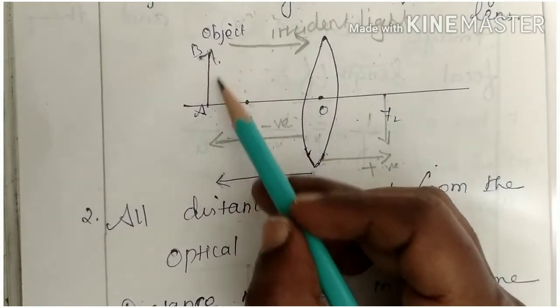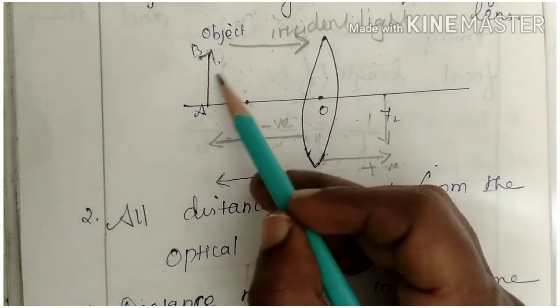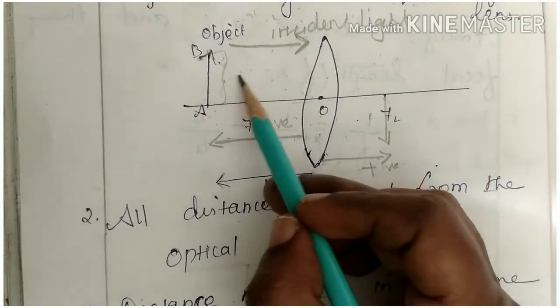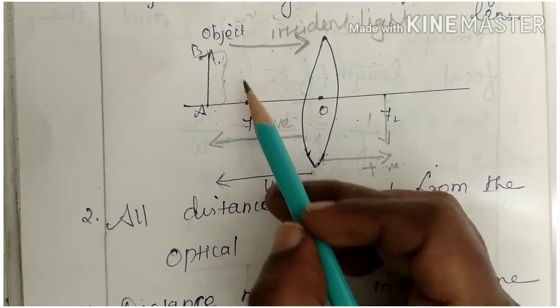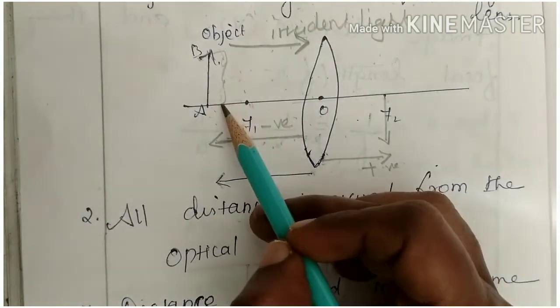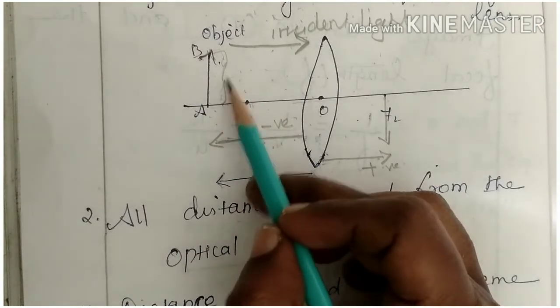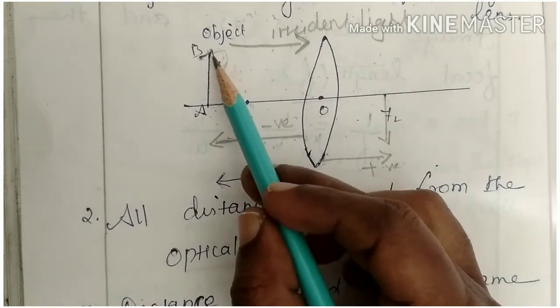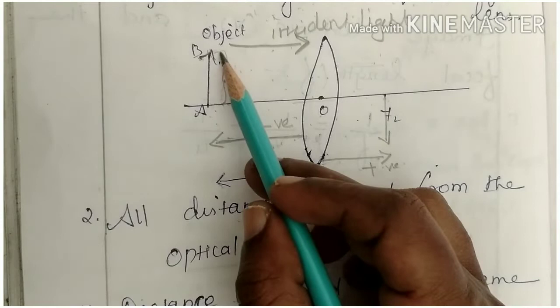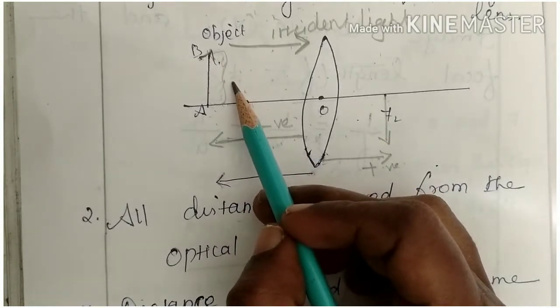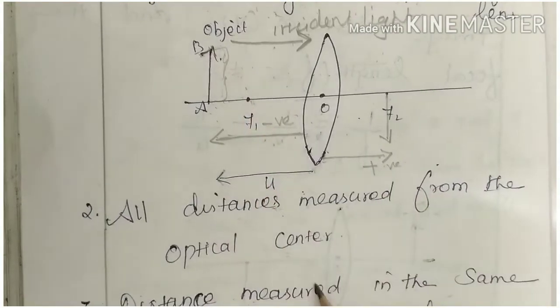The object is above the principal axis, upward, so the object distance is taken as positive. Distance measured upward from the principal axis is taken as positive. If you want to measure the height of the object, we take it as the positive symbol.